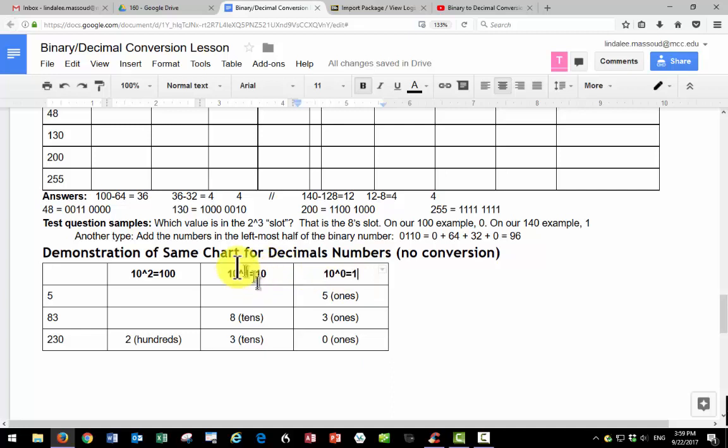1s, 10s, hundreds. So I'm not going to tell you the answer to this because some people will get that for a test question. But look, if you have this number 400, you have a 0 in the ones place and a 0 in the tens place and a 4 in the hundreds place, and you know the number's 400.